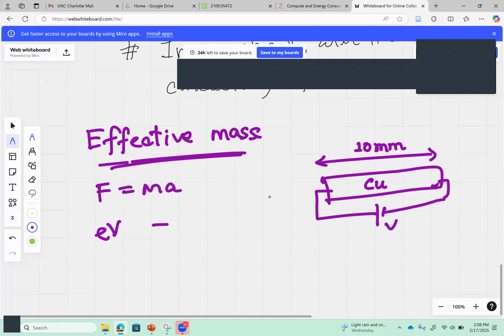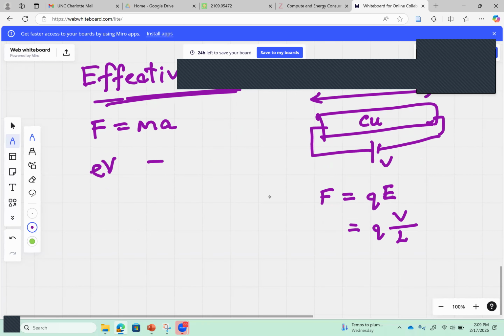What force do I apply on the electrons? You can calculate the force like this. Force is equal to the electric field multiplied by the charge of the electron. The electric field can be figured out by taking the voltage and dividing it by the length of the wire.